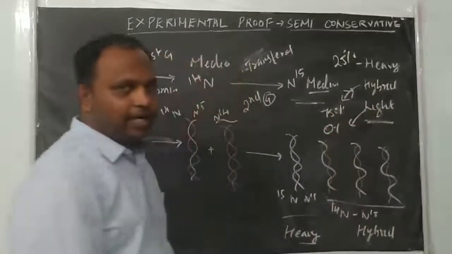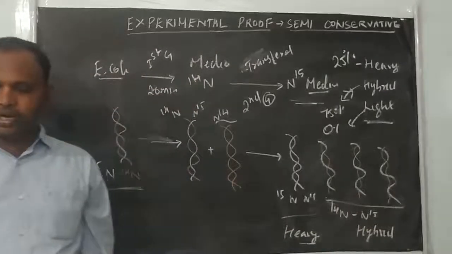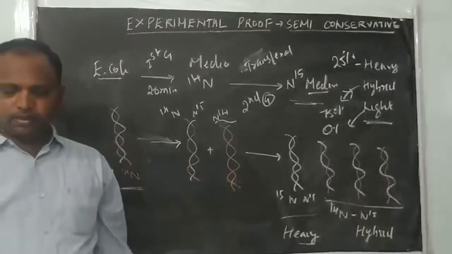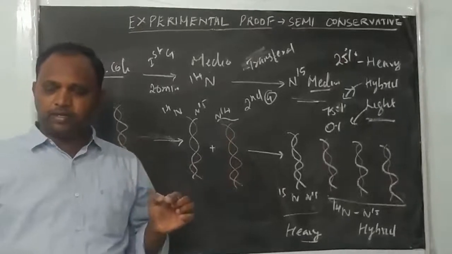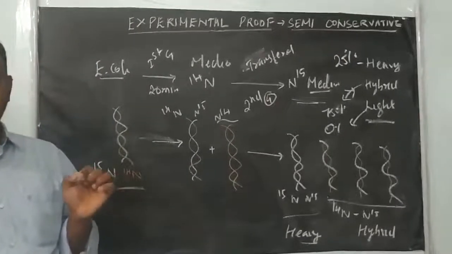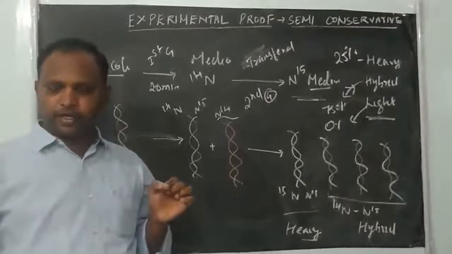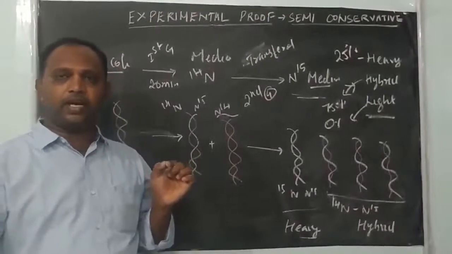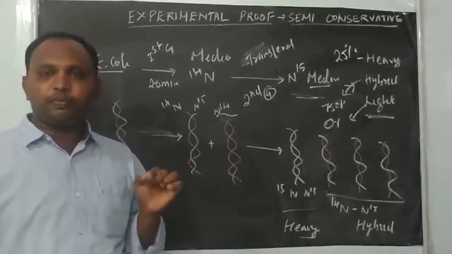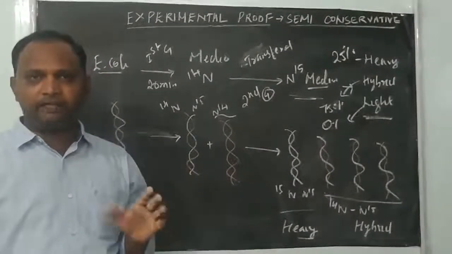We are not getting any light DNA, where both strands contain N14. So in this experiment, the hybrid DNA is allowed to replicate for one generation in media containing N14 and the second generation in media containing N15. What is the proportion of heavy, hybrid and light they are asking?